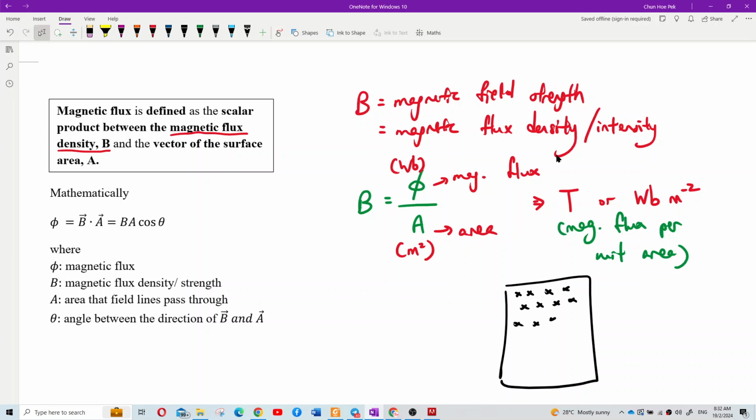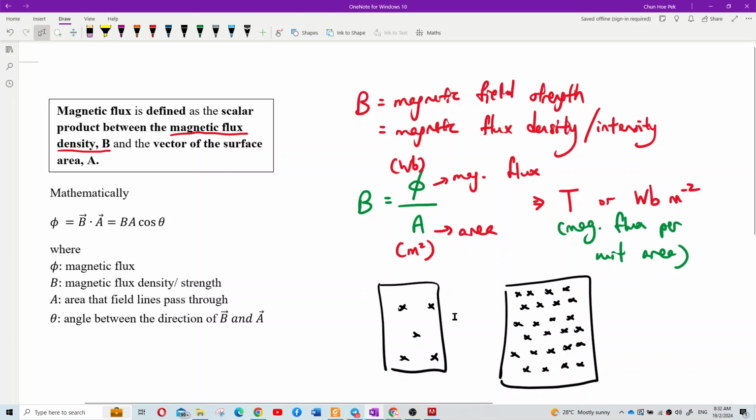Looking at the formula, the magnetic flux density is very high if it is a strong magnetic field. If it is a weak magnetic field, then the density of magnetic flux is not high. This is a high magnetic field, so it has a high density of magnetic flux. This one is a low magnetic field, so it has a low density of magnetic flux.